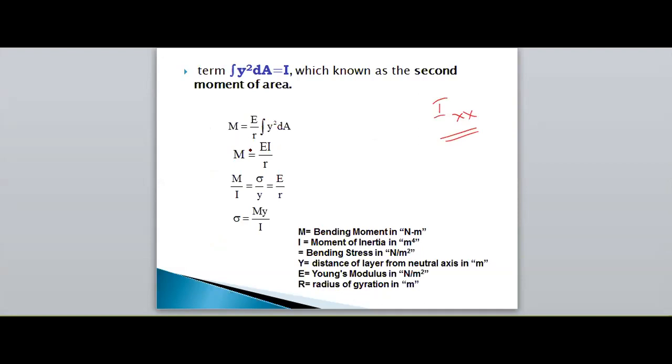Therefore I can substitute now E by R into Ixx. Now I can move this side, that is M by I is equal to E by R. This is the second equation.